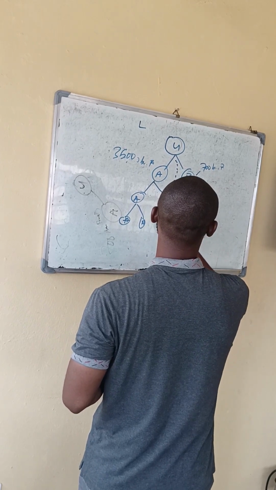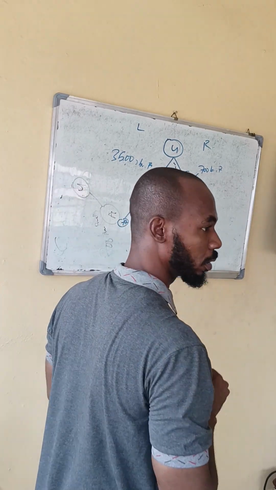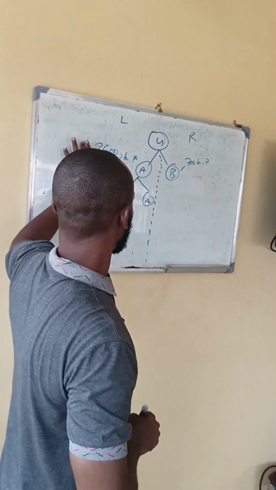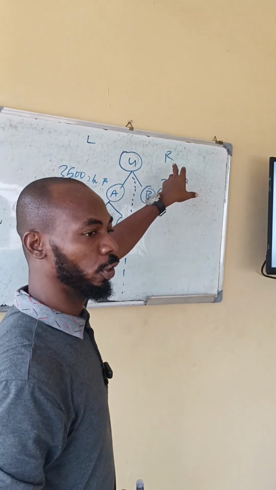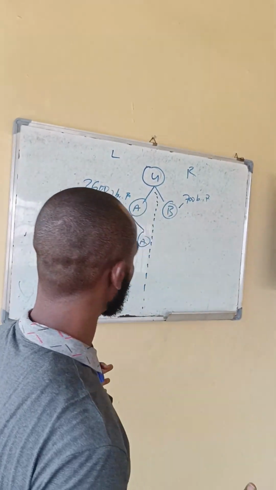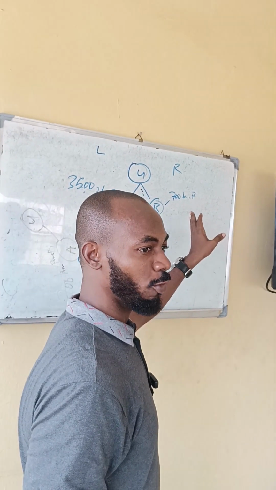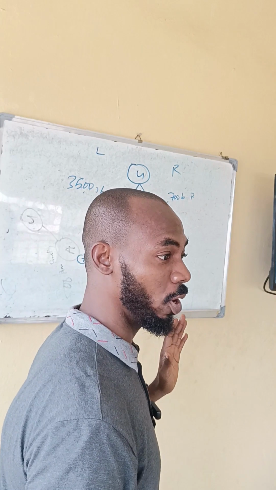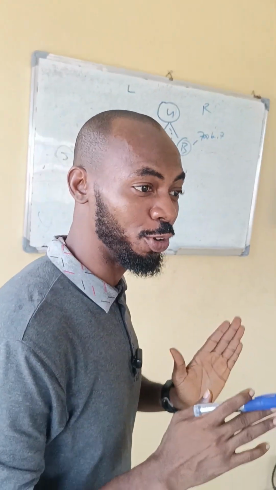Remember, this is where your account is divided. This is left, this is right. So you have 3,500 binary points on your left, and you have 700 binary points on your right. So what happens is that 700 binary points on one side will match out 700 binary points on the other side to pay you 7,000.